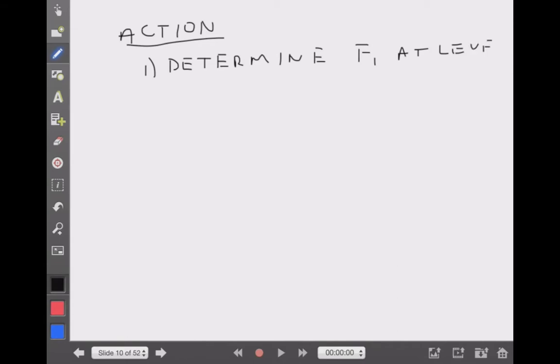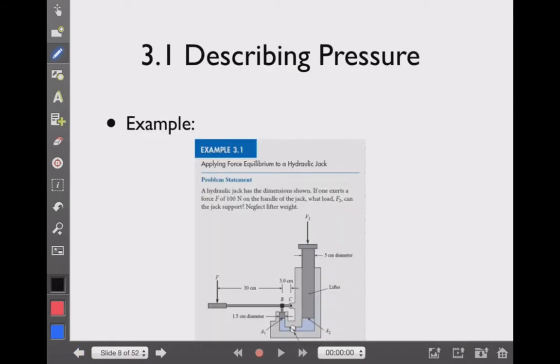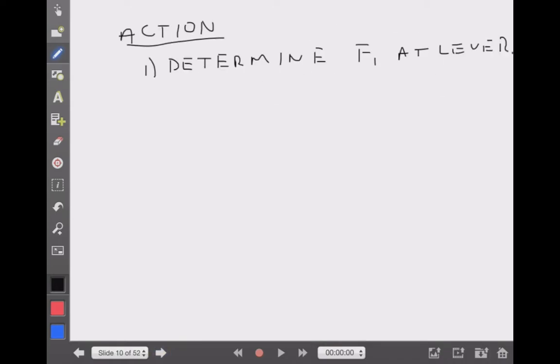That's really the force on the plunger, because you'll notice this is F here. F1 is going to be applied right here, and then we'll use F1 and F2 to determine the advantage of the hydraulic machine.